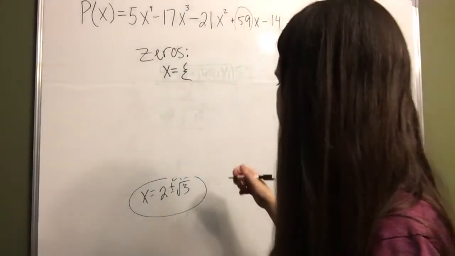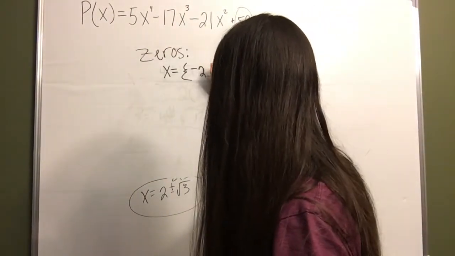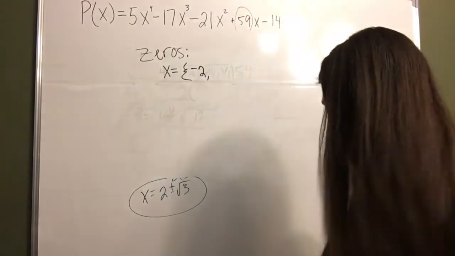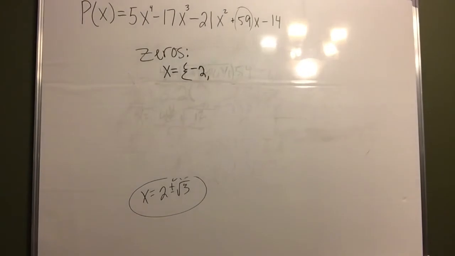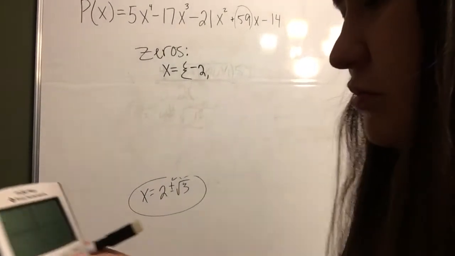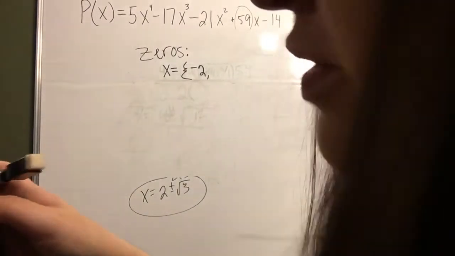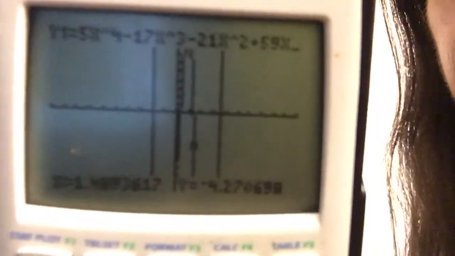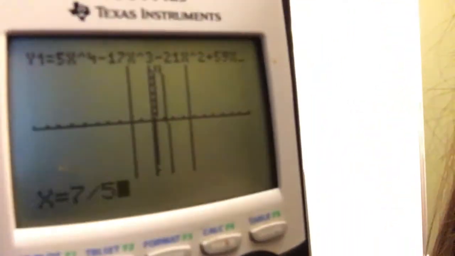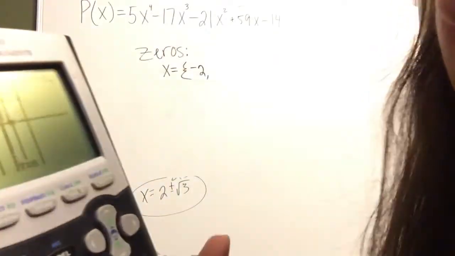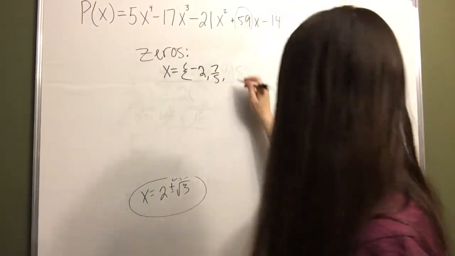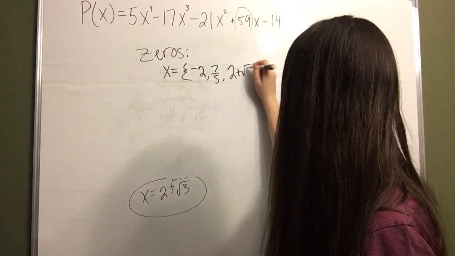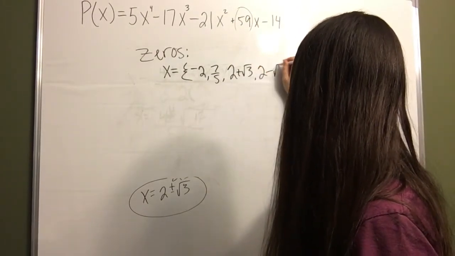I remember negative 2, and then was it 7/5? I think it was 7/5. I'm checking the calculator again, because I don't have my work saved. 7 divided by 5. Yep, okay, 7/5. And now we have 2 plus radical 3, and 2 minus radical 3.